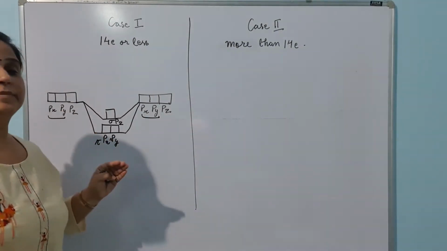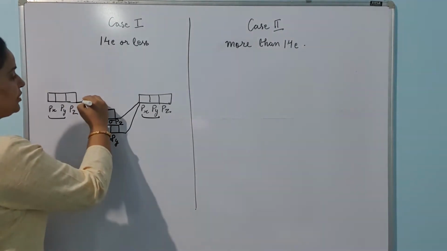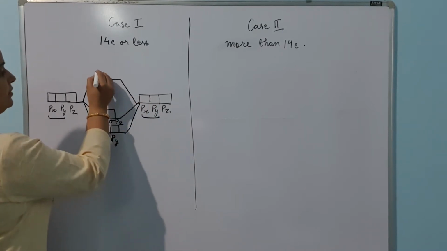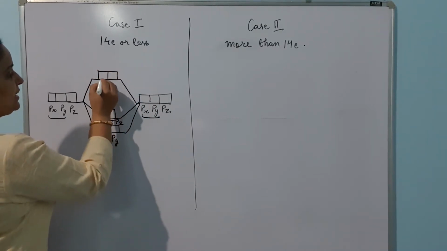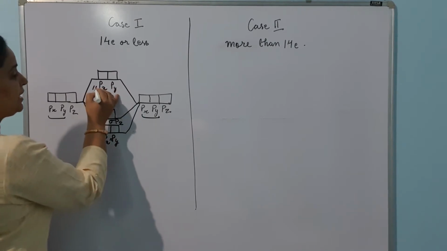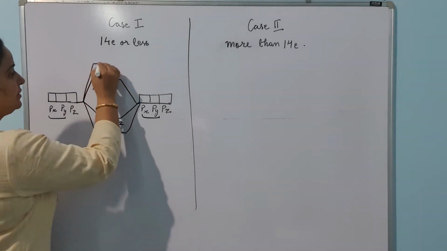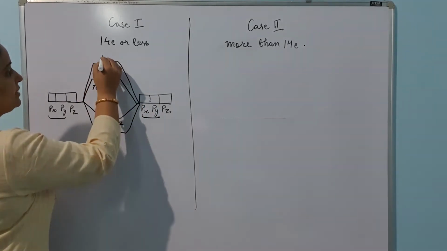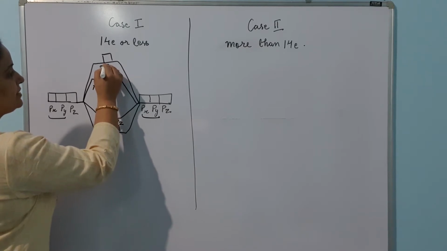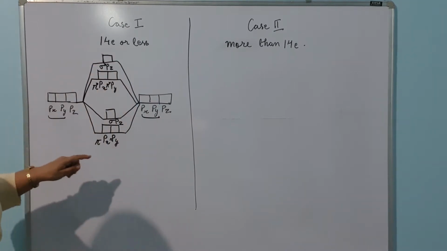In the same way, we will have anti-bonding molecular orbitals. So the anti-bonding molecular orbitals will be px, py, but this time it is pi star and pi star, and pz, this is sigma star. So the molecular orbitals will be pi star and sigma star.